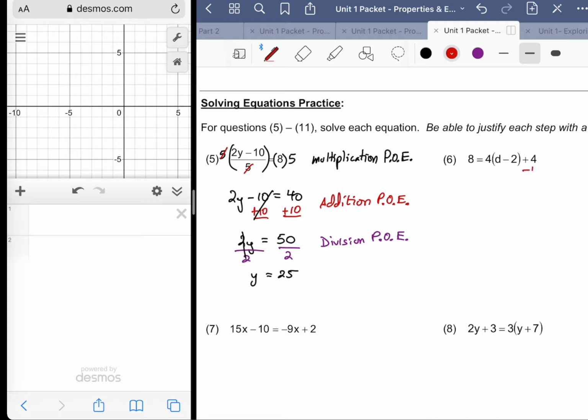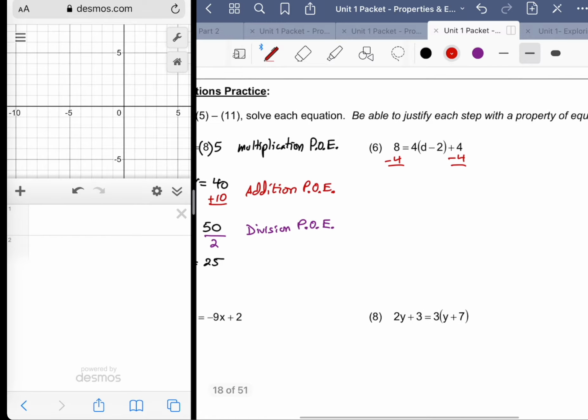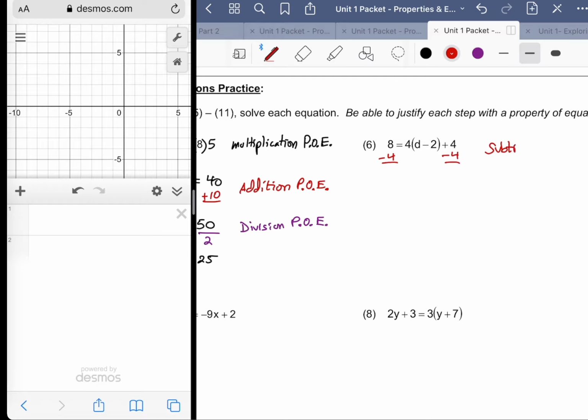So I'm going to subtract a 4 from both sides, utilizing the subtraction property of equality. If it feels like you're just taking the word that represents the thing that you're doing and slapping on a POE at the end, then you got the idea.